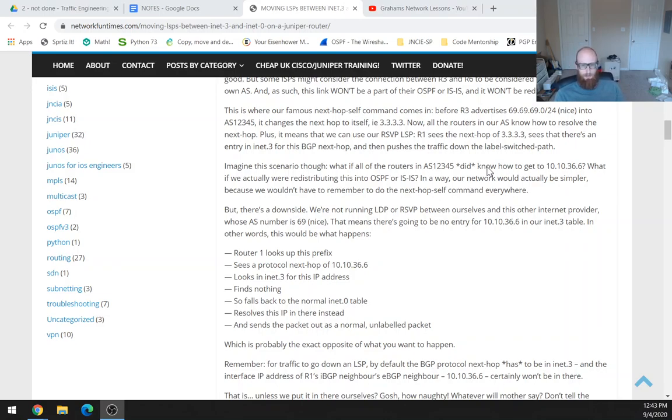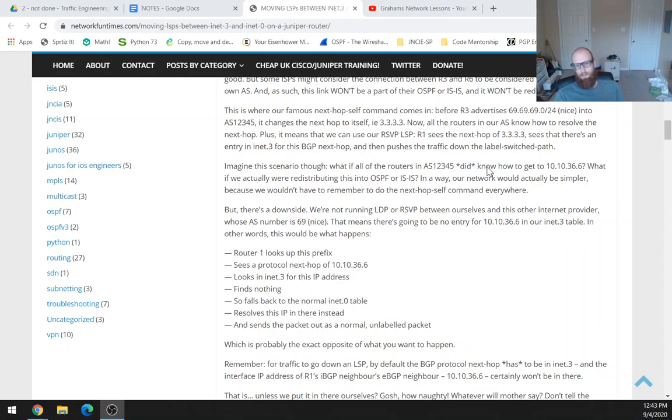Imagine this scenario though. What if all the routers in AS12345 did know how to get to 10.10.36.6? What if we actually were redistributing this into OSPF or ISIS? In a way, our network would actually be simpler because we wouldn't have to remember to do the next hop self command anymore.